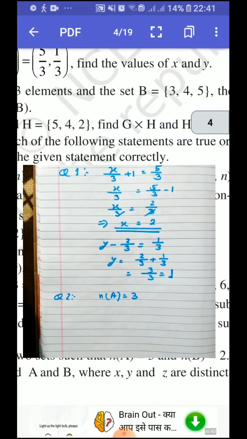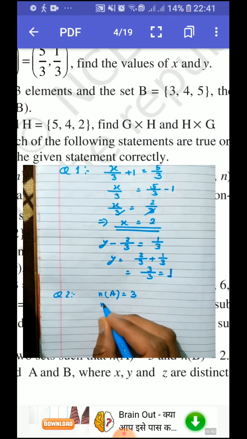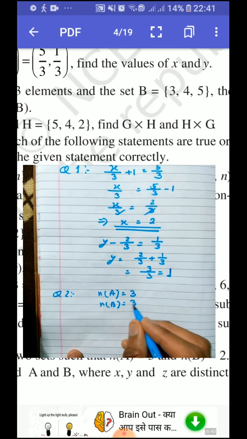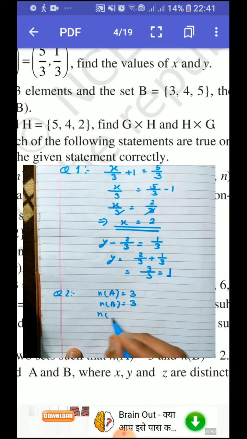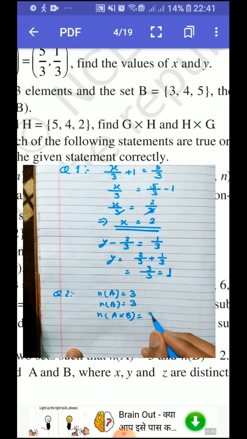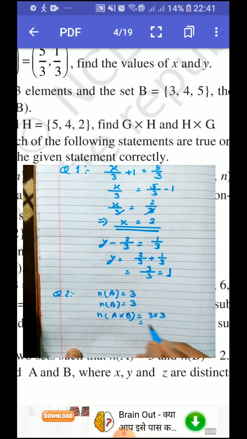Set B also has 3 elements, n(B) = 3. Now the number of elements of A Cartesian B equals 3 times 3, which equals 9. Right? Okay.